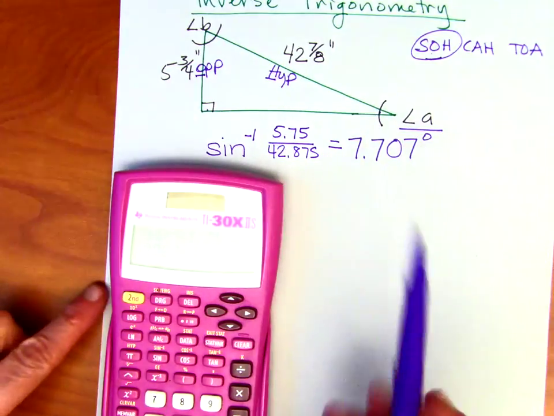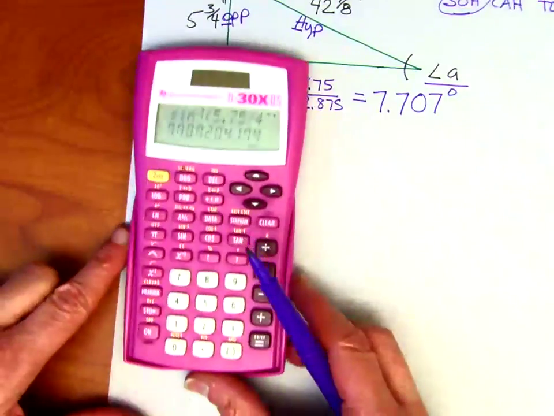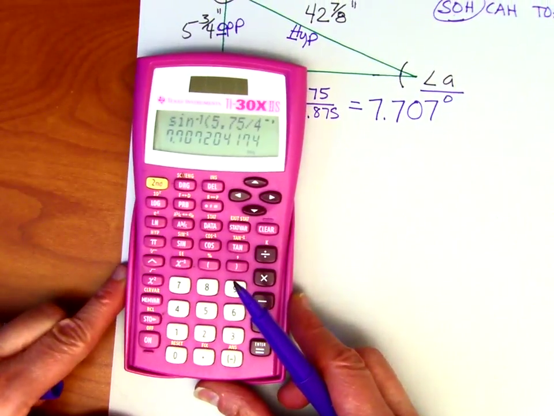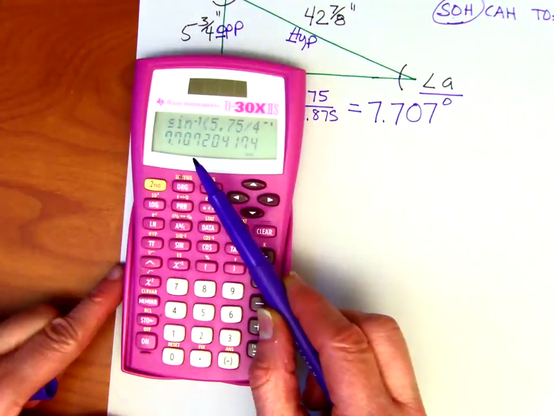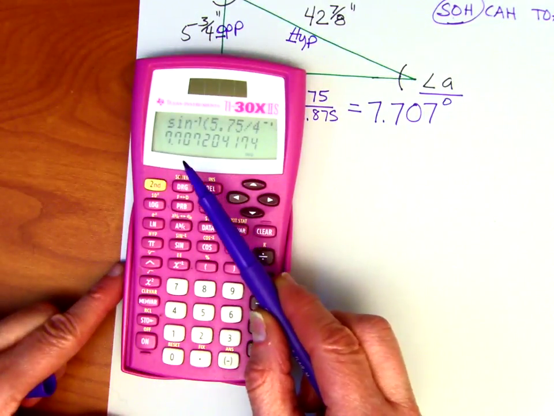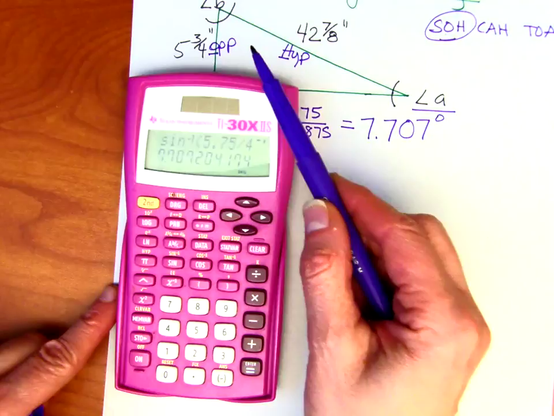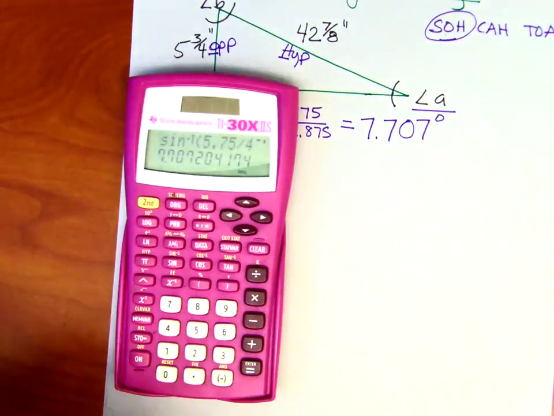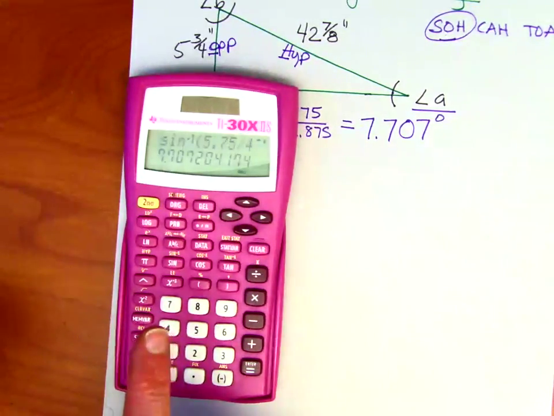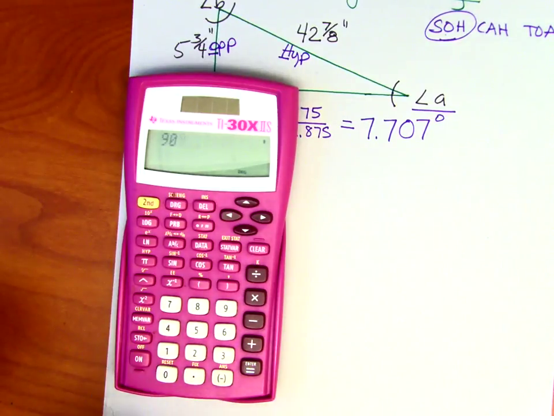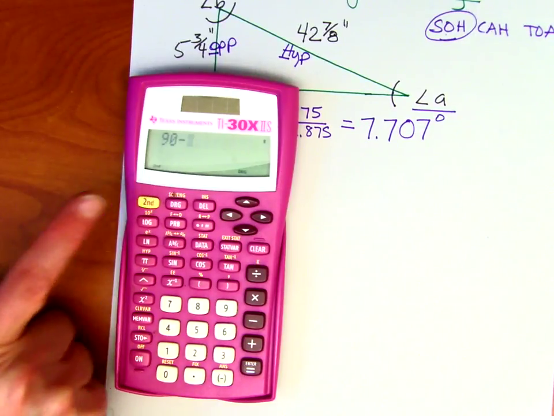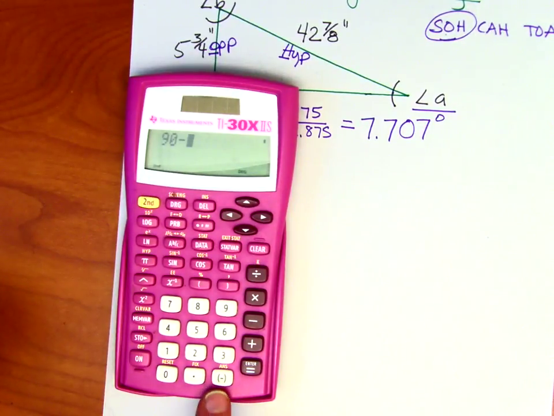Now knowing that information, I'm sorry about the shadow, but if we take this away from 90, we will get angle B up there. Now here's the trick. We're going to leave this in the calculator, and then we're just going to punch in 90 minus second, and then down here where it says ANS, that means answer.